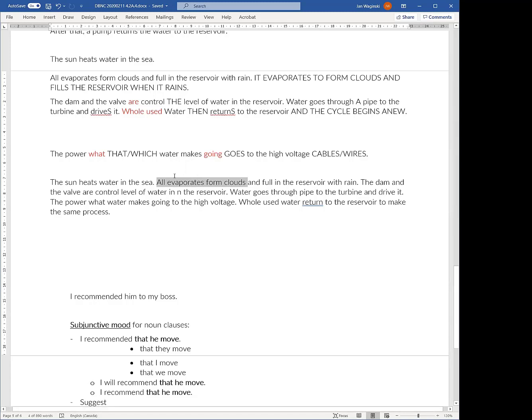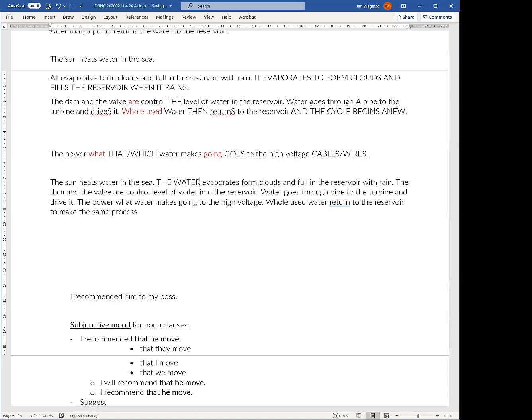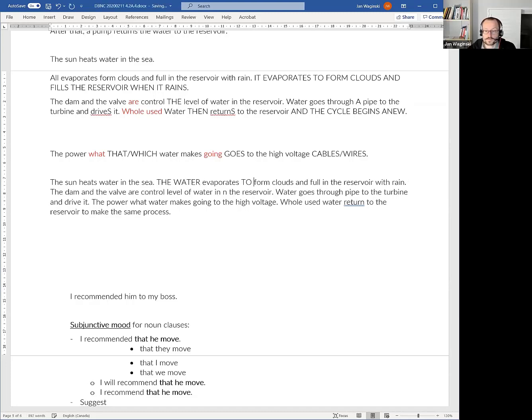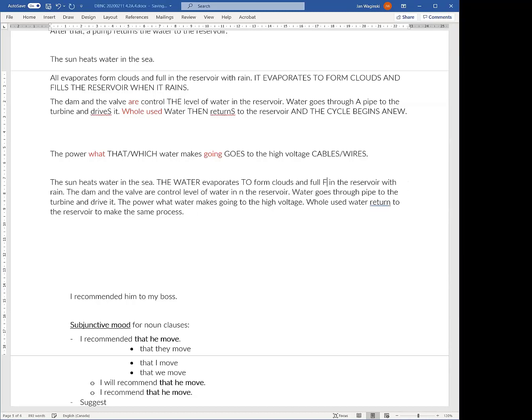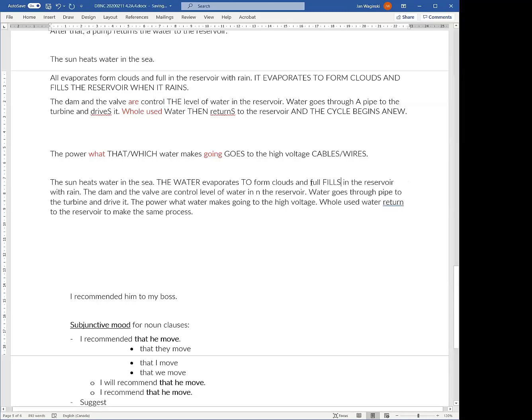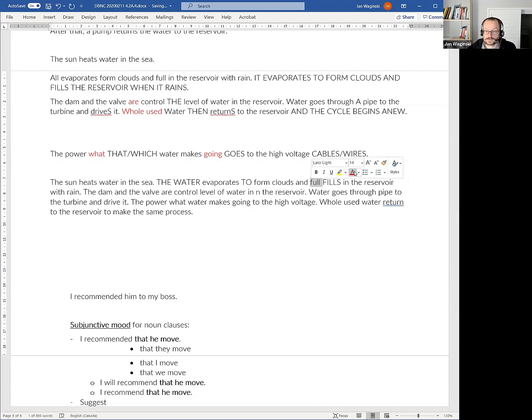The water evaporates, yeah, to form clouds. And so full is an adjective, like after dinner, you'll say yes. And fills, because it's water, fills and fills in the reservoir with rain.